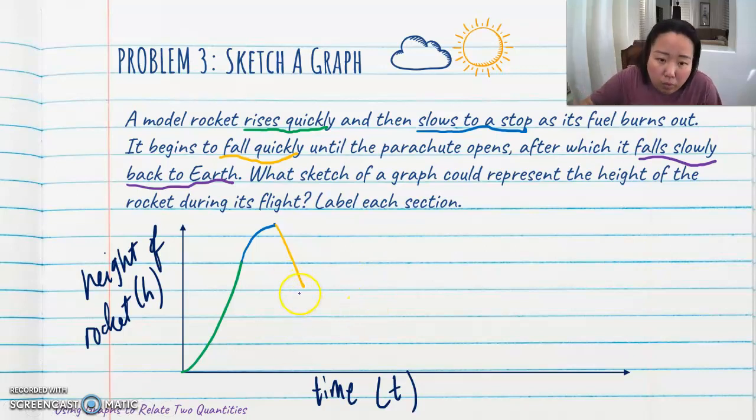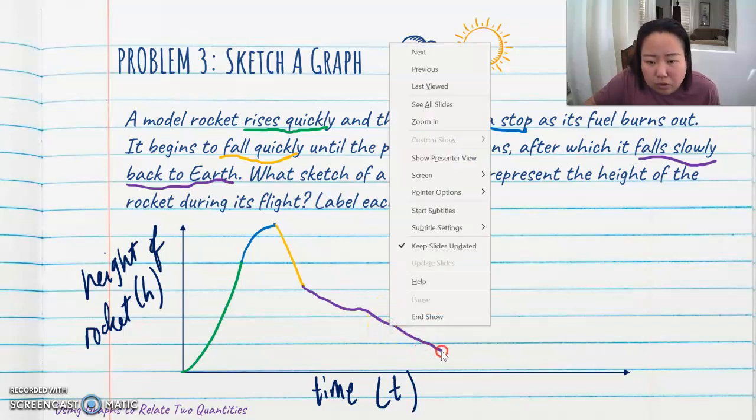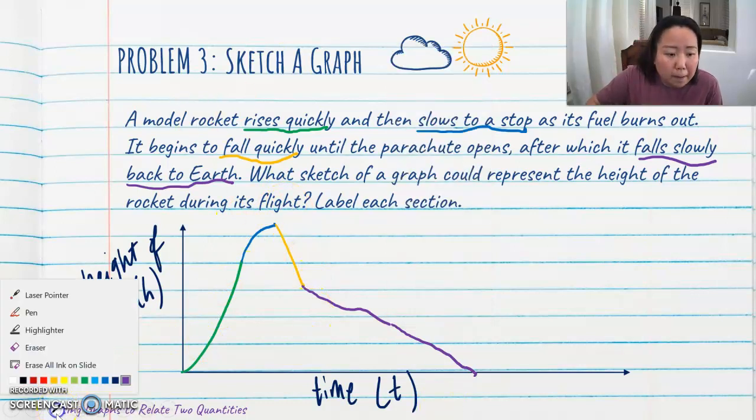So from the point where the parachute opens, you can have a slow, it should be a straight line. Just pretend that this is a straight line, okay? So it will go slow until it hits back onto the Earth. So basically, this is how the graph of the whole flight would look like based on the descriptions.